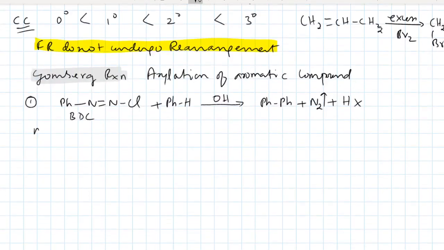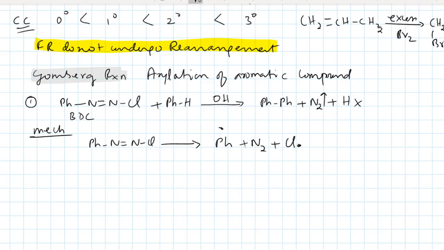Now if you look at the mechanism of this reaction, what happens in the first step: Ph-N=N-Cl or X, whichever you have, gives the free radical Ph dot. I told you N2 will come out, plus Cl dot. Phenyl free radical will be formed, and this is highly unstable.